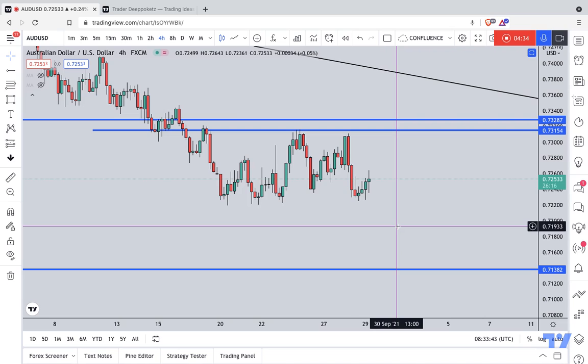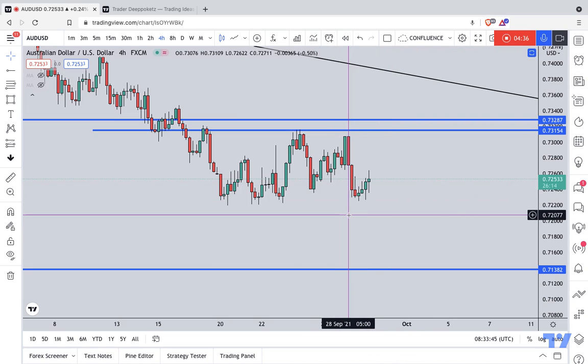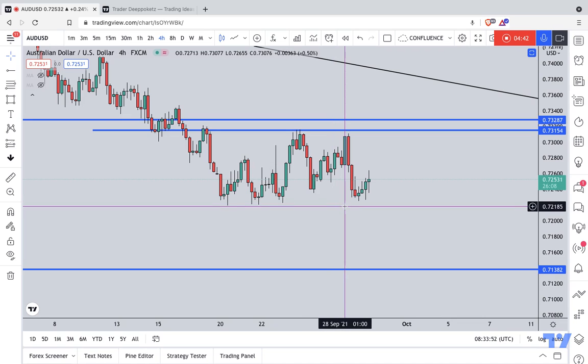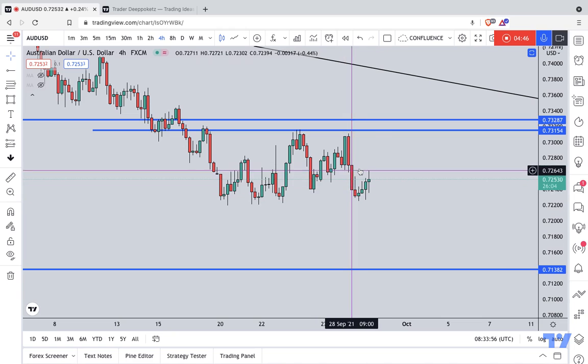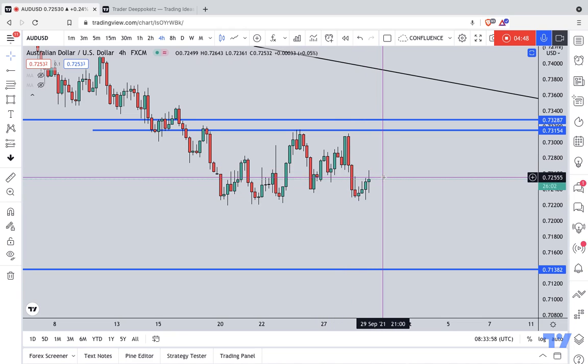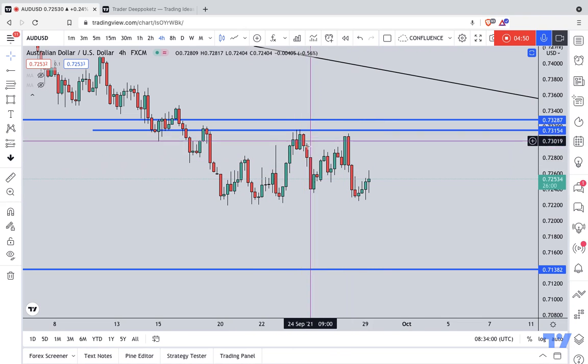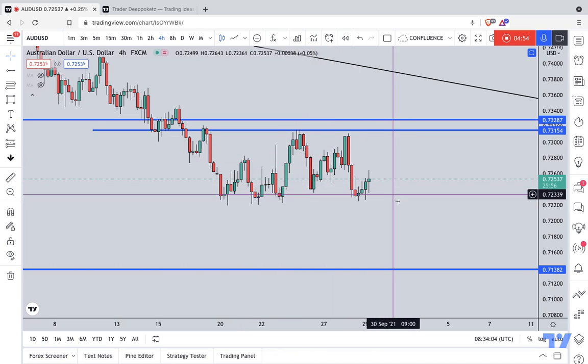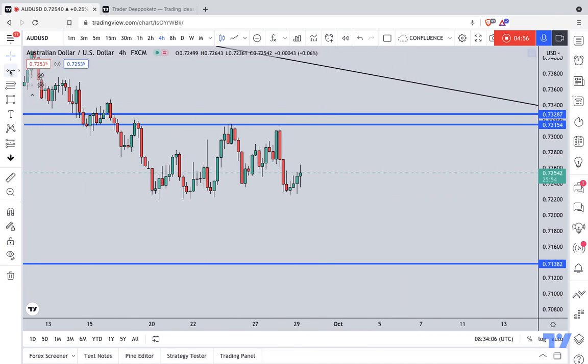And as of now, the Australian dollar is actually one of the weakest currencies on our radar. It's up there with the Canadian dollar and New Zealand, basically the commodity currencies. And the safe havens are the stronger ones. So Aussie paired to a safe haven, the US dollar, we could see this thing go lower.